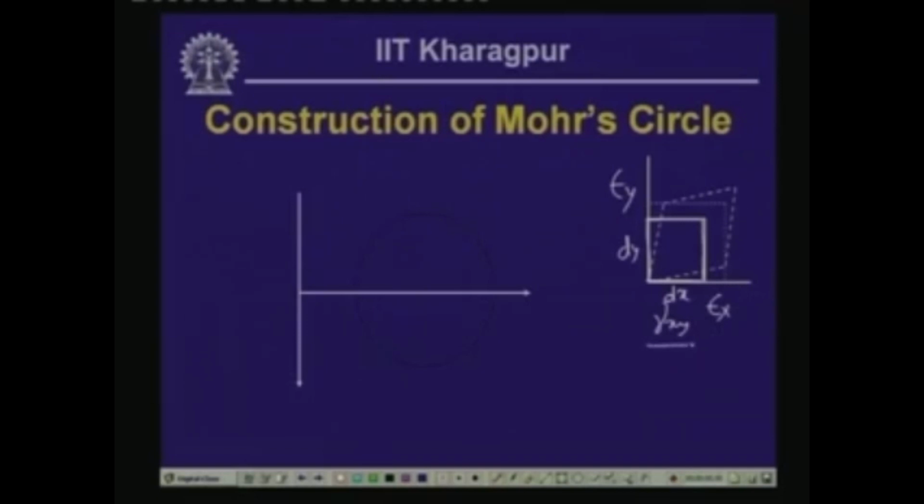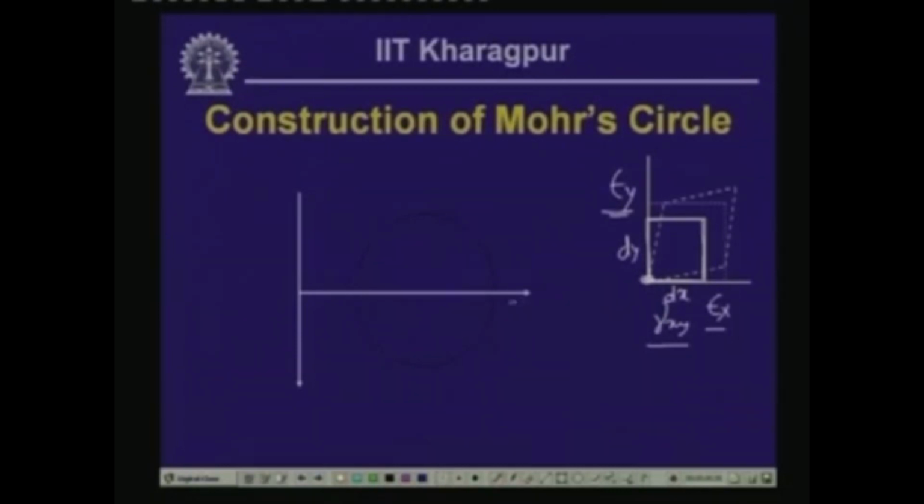If we know these components, our job will be to evaluate the strains at this point, the maximum normal strains, the maximum shearing strain and their orientation, and also to find, for a set of rectangular axes oriented at an angle theta with reference to the x and y axes, the values of the strain corresponding to that orientation. That also can be evaluated through the Mohr cycle.